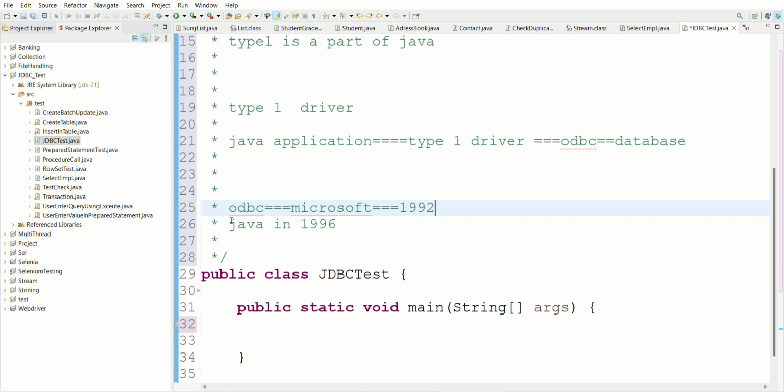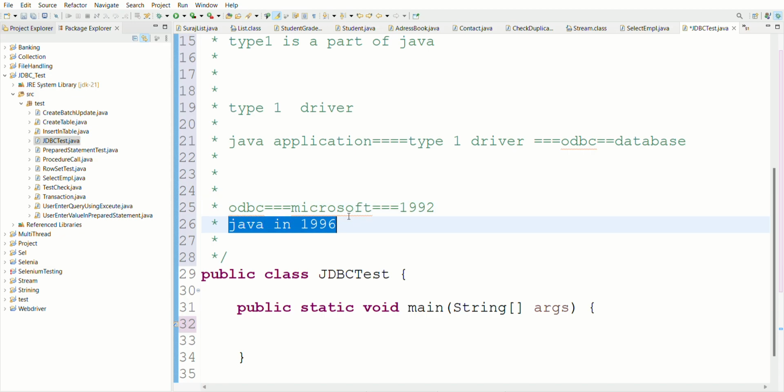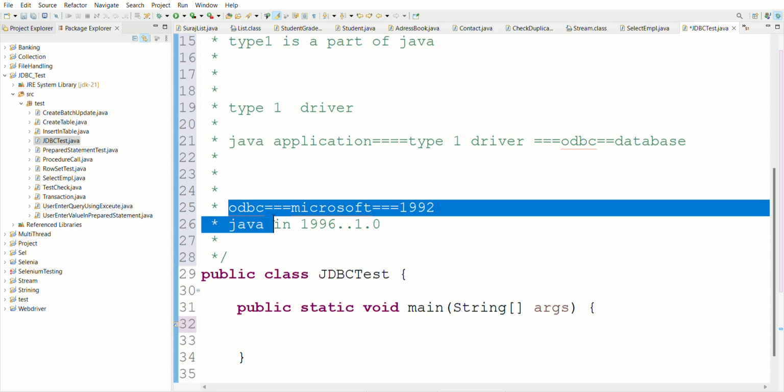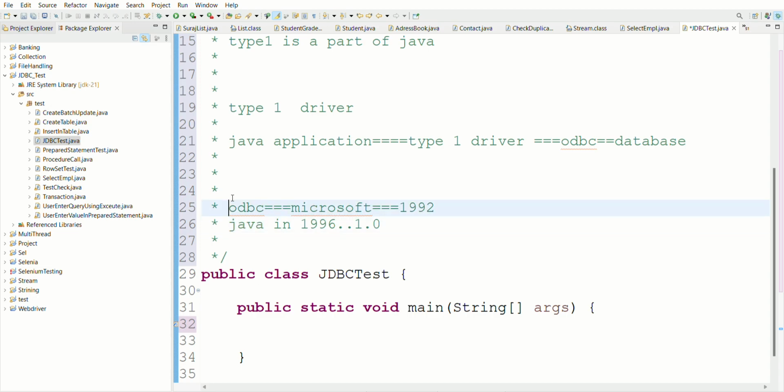When Java was introduced in the first version, Java 1.0, ODBC was implemented in Java so that we can get the connection between the Java application and the database.